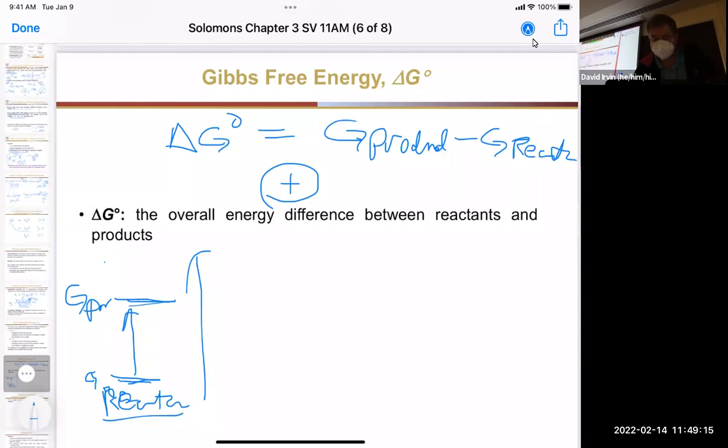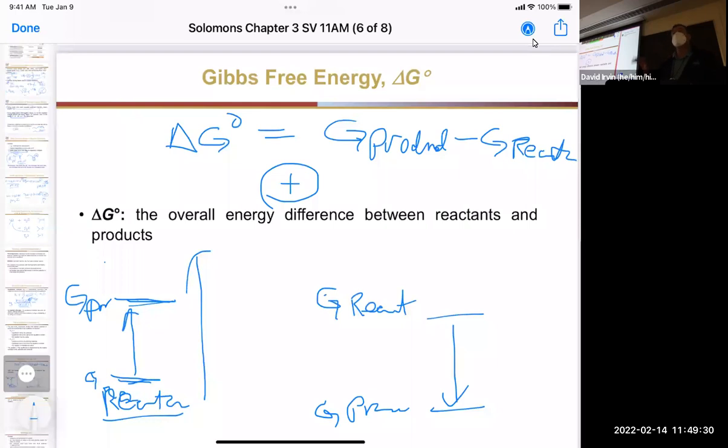So let's do it the other way, where we have the Gibbs free energy of our reactants here, and the Gibbs free energy of our products. Our reactants are going to lose energy when they get to products. Our products are more stable. Our Gibbs free energy change is positive, and this reaction favors products.